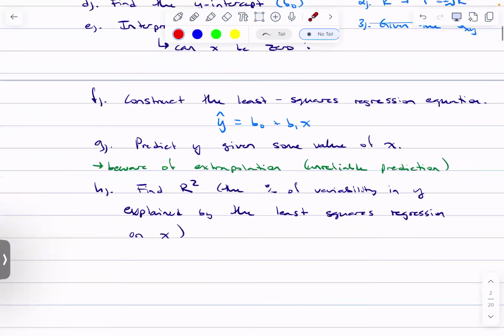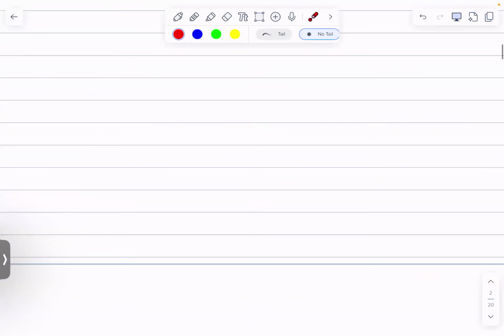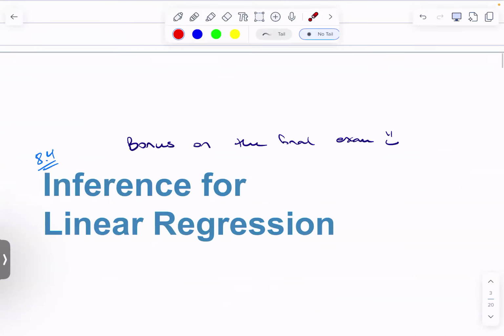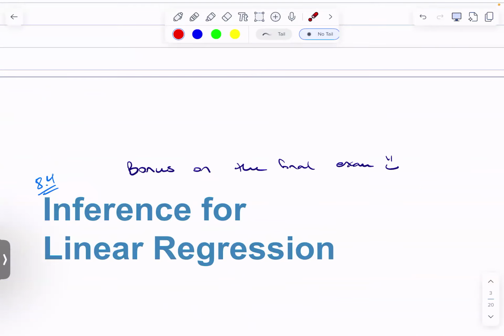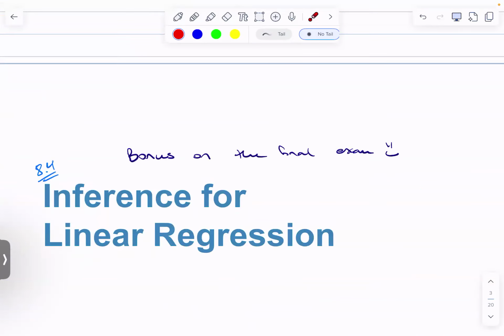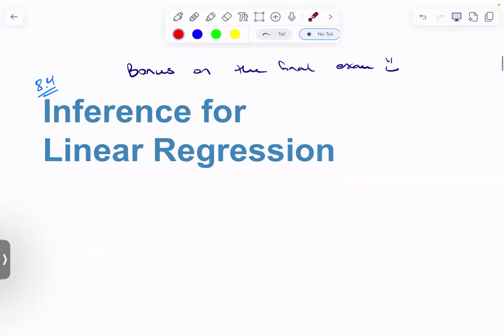All right. Then I guess we're ready for our last little blip here. And we're not going to do the whole section, right? I'll just kind of give you what you need for, as promised, the bonus on the final exam, right? And then we'll just kind of zip through the rest, but don't worry about it.